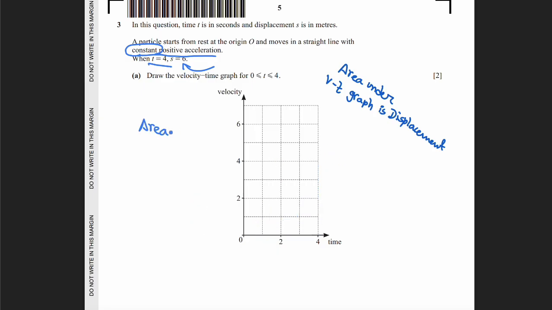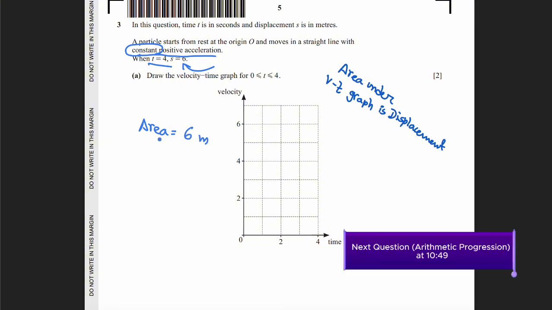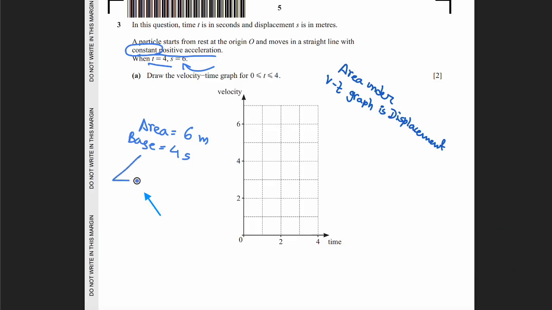So we have the area as 6 meters, we have the base as 4 seconds, and we know that this is gonna be a right angle triangle. We have the base, we have the area, now we want to know the height. Now how are these connected? These are connected by, of course, this formula, and we substitute the values.